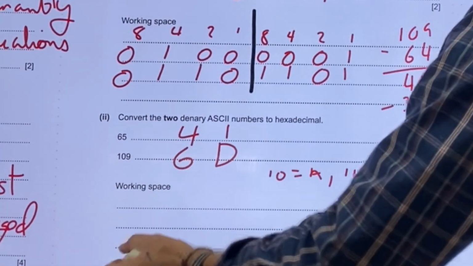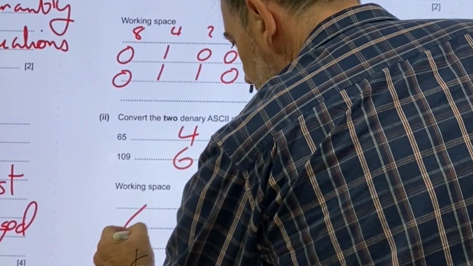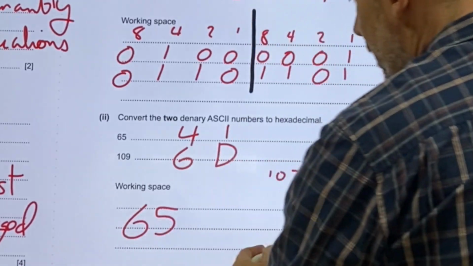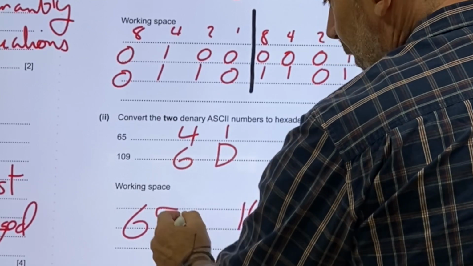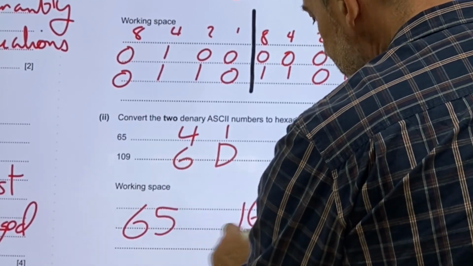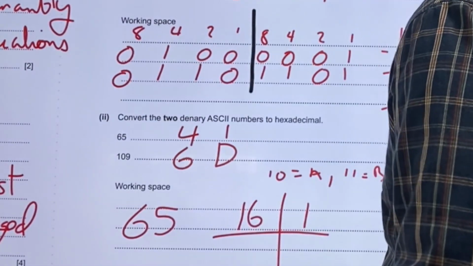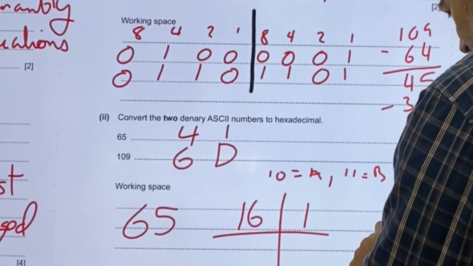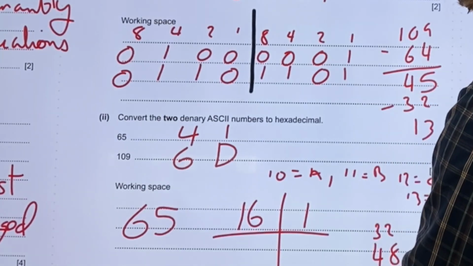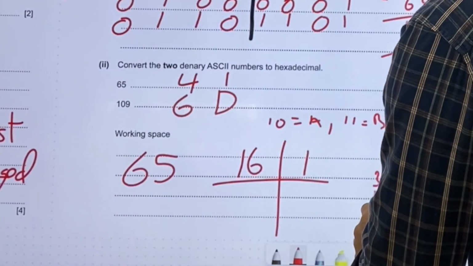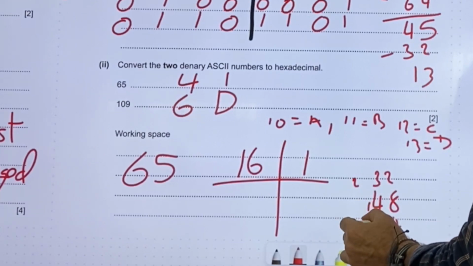Otherwise, if we've got 65 and we want to convert this, let's put 65 in here, just do the first one. If I go 1 and 16, and then 256, I've got to say, right, how many 16s go into 65? Okay, so 16, 32, 48, 64. So 1, 2, 3, 4.